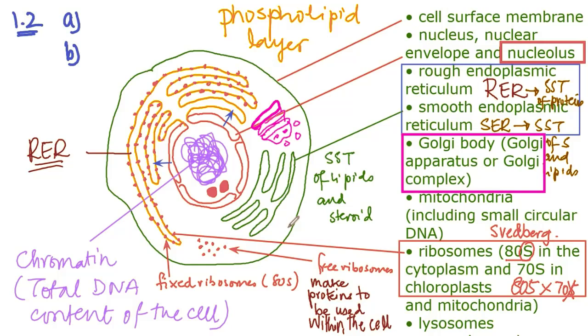So nucleolus or nucleoli play a very important role in the formation of ribosomal RNA, and the ribosomal RNA then combines with a protein to make ribosomes. So the nucleoli are involved in the process of formation of ribosomes. Remember that these nucleoli disappear along with the nuclear envelope just at the beginning of cell division.